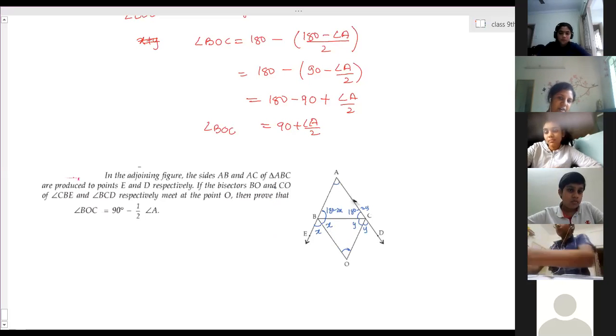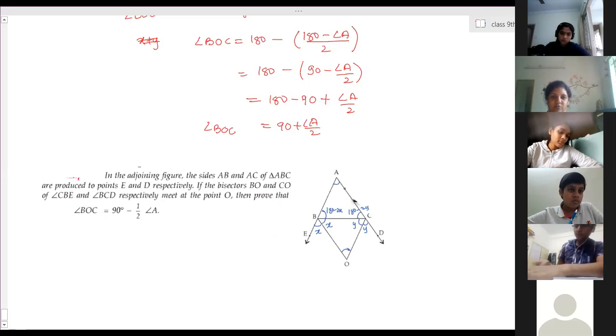From the upper triangle, find the value of x plus y. Find the value of x plus y and substitute that in this angle sum property.